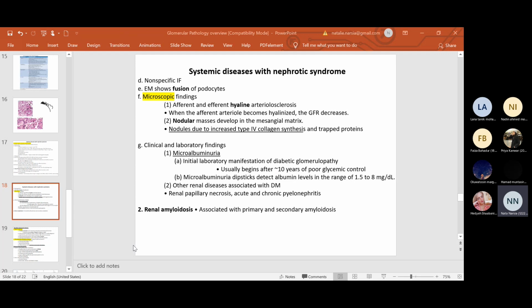It will lead to damage of the podocytes, and clinically it manifests with proteinuria. If the question is about systemic amyloidosis, the amyloid will deposit in the mesangium, and this mesangial damage will lead to nephrotic syndrome.